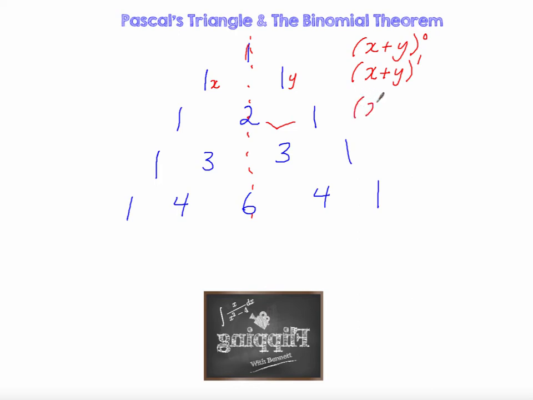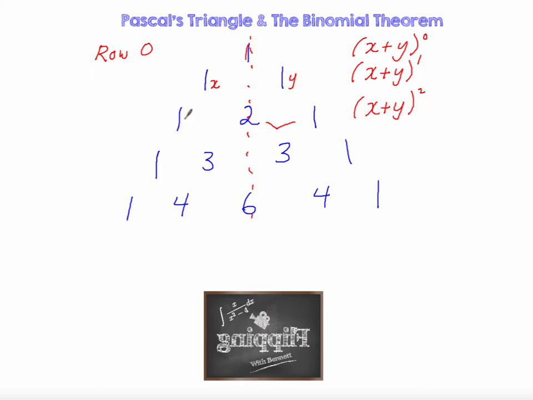So then I go x plus y squared. Now this may look like row 3, but we treat the first row as row 0. And the reason being is because of that power. So when I look at x plus y squared, if you've done quadratics, you know that becomes a squared plus 2ab plus b squared.